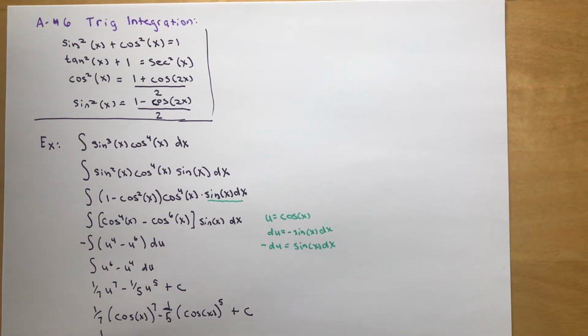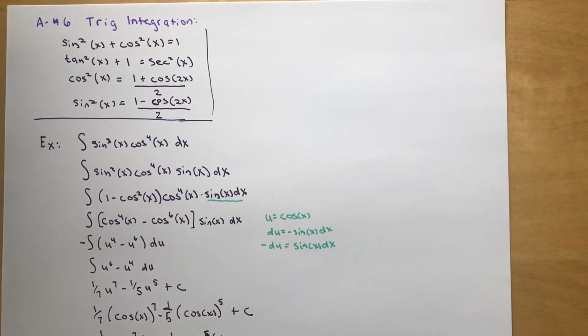Clean that up a tiny bit here, so it can just be 1/7 cosine to the 7th minus 1/5 cosine to the 5th plus c. It's supposed to be a 5.